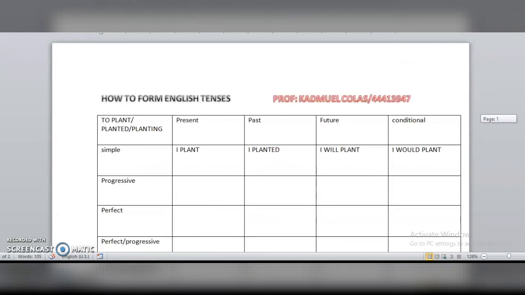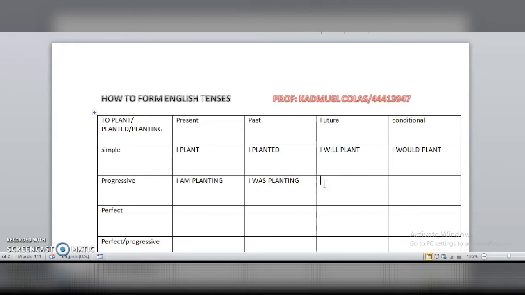Good. So right now, let's go. Progressive. So to be at the present tense, I am plus base form plant plus ing. So I get I am planting. Verb to be at the past, I was plus base form plant plus ing. I get I was planting.